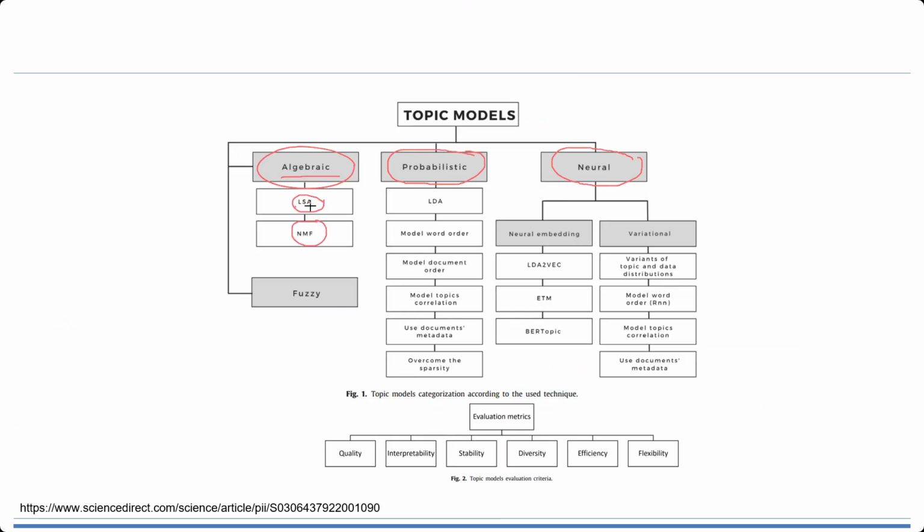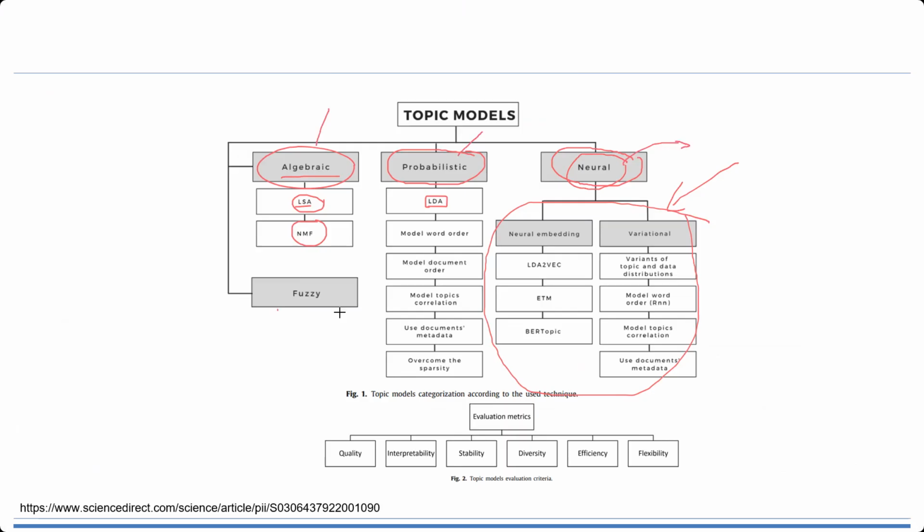Maybe I will just explain LSA. We will also learn about LDA, latent Dirichlet allocation. And nowadays, people always use neural networks. I will look at the neural net in more detail after the meeting session. I will explain the algebraic and probabilistic ones before the meeting session.